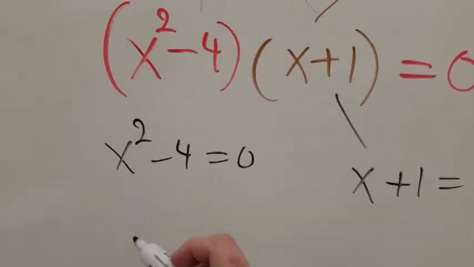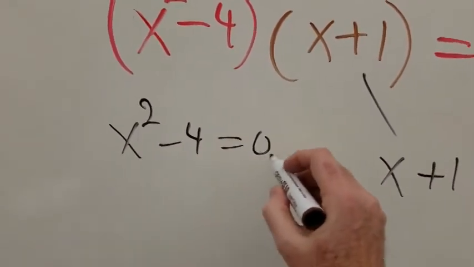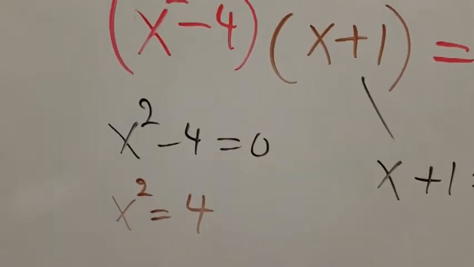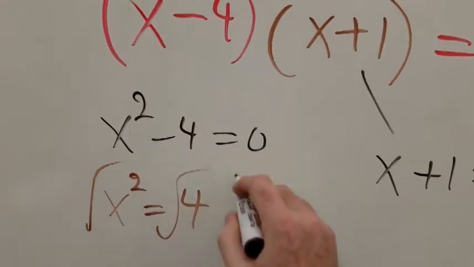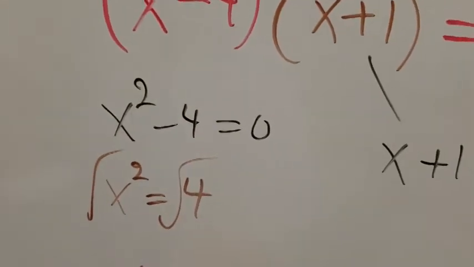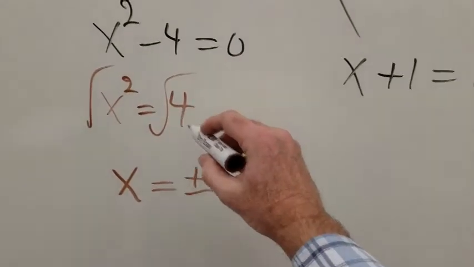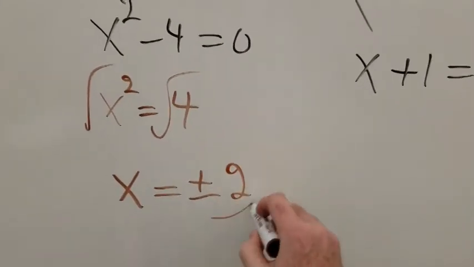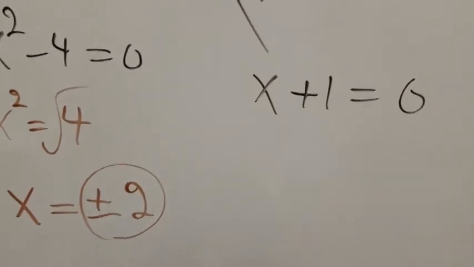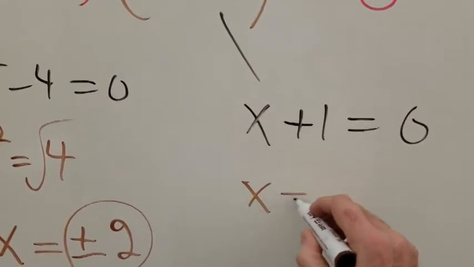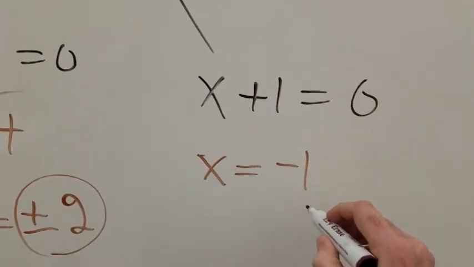Let's do this one first. So move the 4 to the other side. And let's take the square root of both sides. So you get x equals plus or minus, and the square root of 4 is a 2. So we've got two answers here, a plus 2 and a minus 2. Over here, let's move this 1 to the other side. So x equals negative 1.